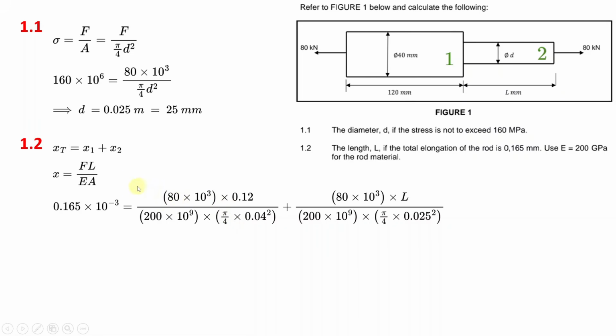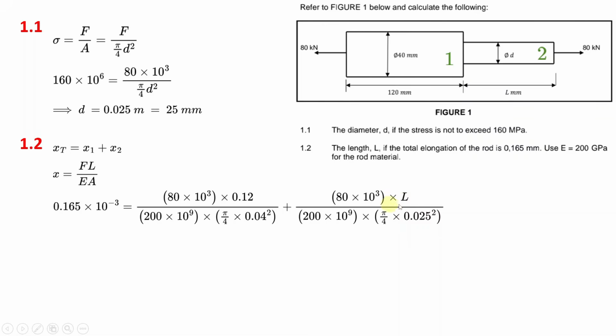Then you do that again for X2, F2 L2 over E2 A2. F2 is the same as F1, 80 kilonewtons. What is L2? Segment 2 is here. L2 is the length of segment 2, which is called L, so that's why we have L here.